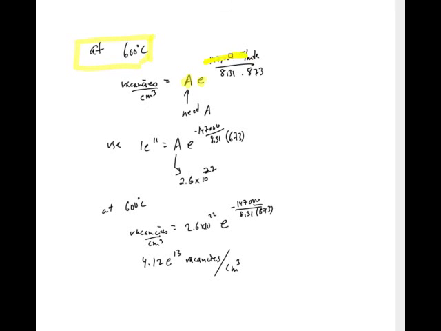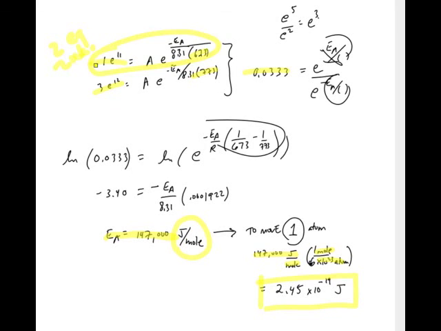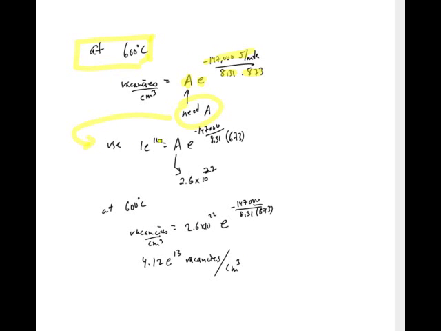A, e to the negative activation energy over R times the new temperature, but I need the value for A. So I go back to one of my previous equations, like this one right here, plug in all the values that we know, and solve for the value of A. Now finally, we can plug that in, and with A, e to the negative 147,000 divided by that, I get 4.12 times 10 to the 13th vacancies per centimeter cubed.